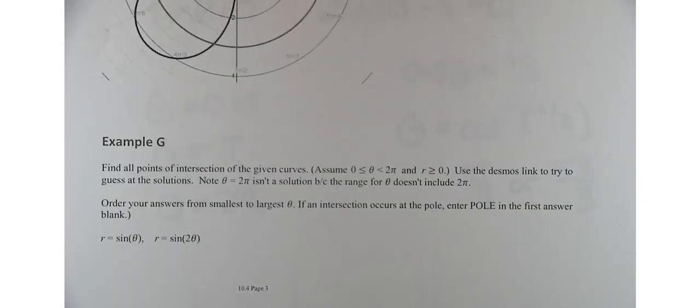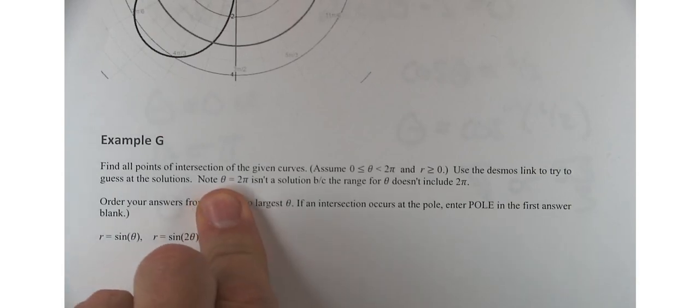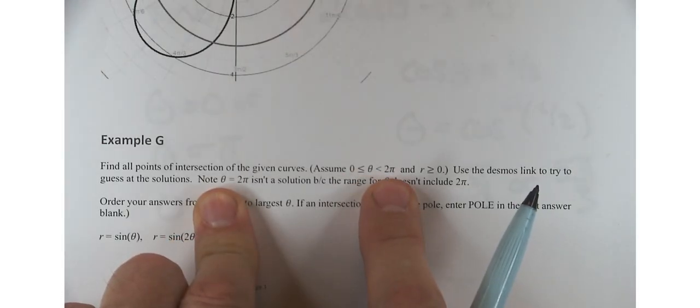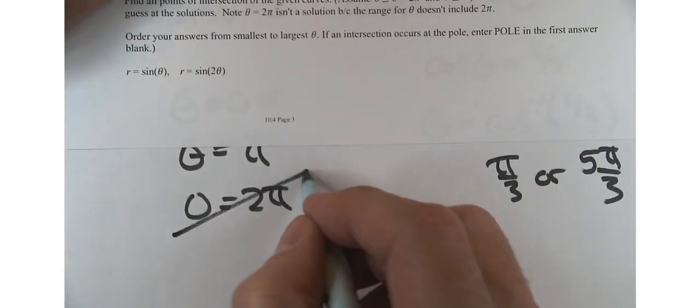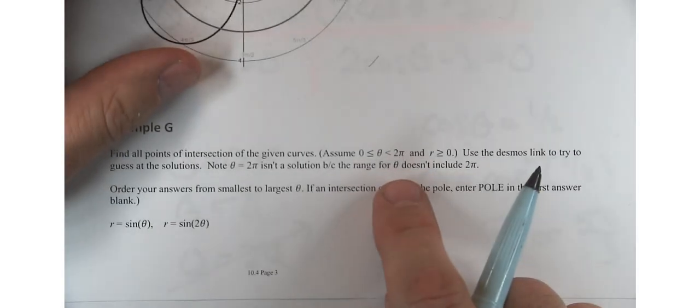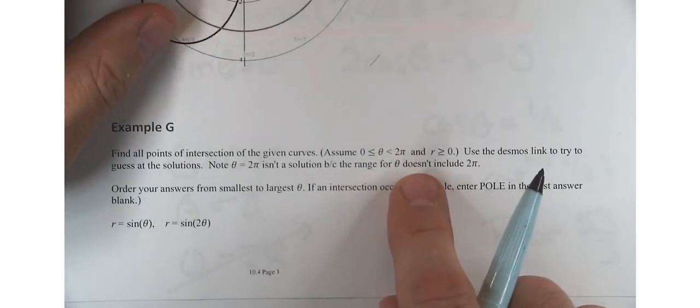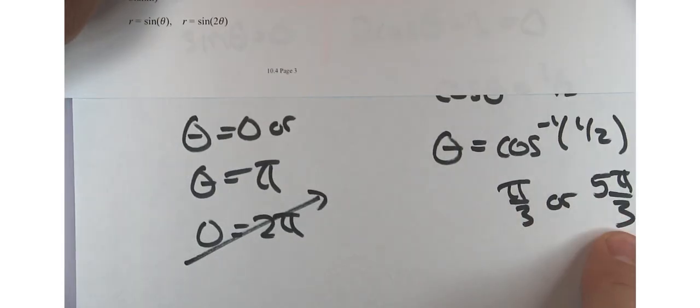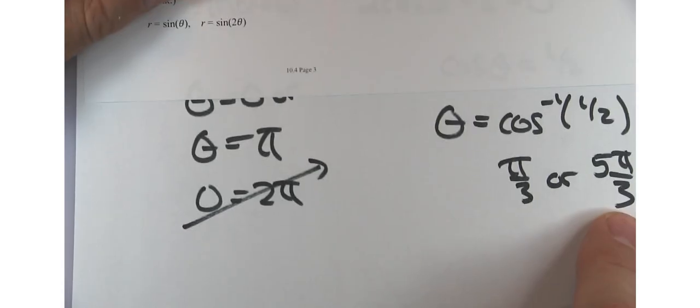So let's limit that. I guess we can't use 2 pi because I'm assuming that theta is less than 2 pi, so we'll scratch that one out of our solutions. But we do get theta equals pi, theta equals 0, and a couple more here and here. Let's find those coordinates for the points of intersection.